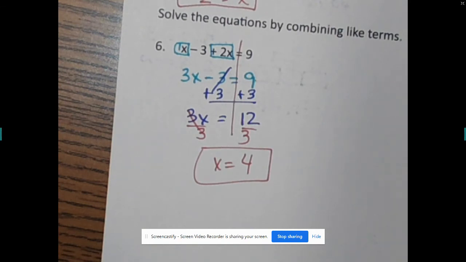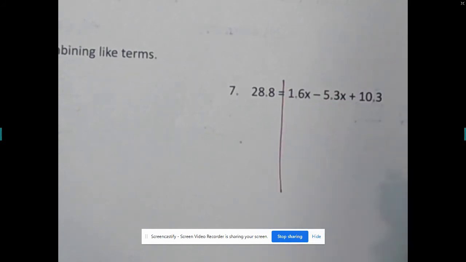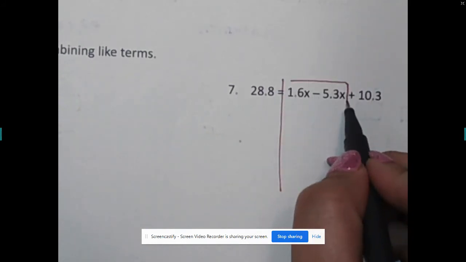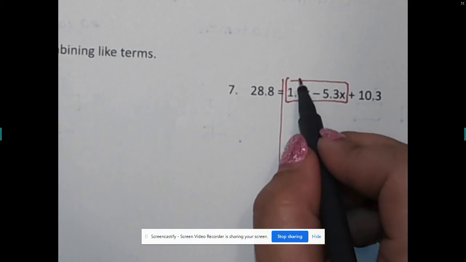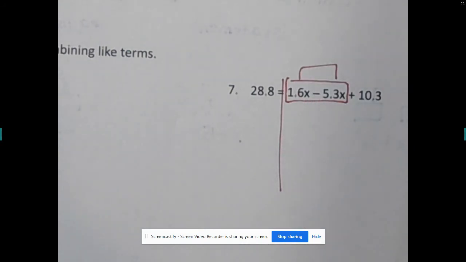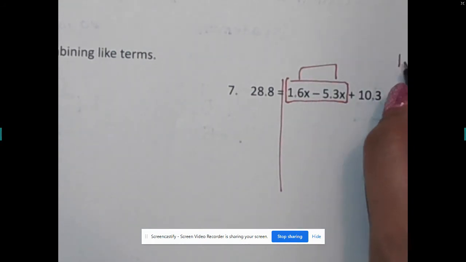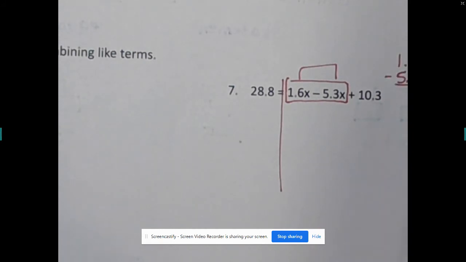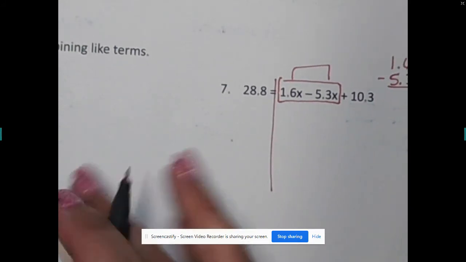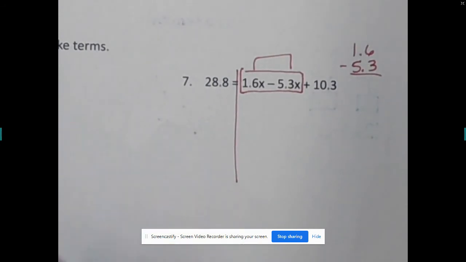Number 7. Is there anything to combine? 1.6x and 5.3x. So in your calculator, 1.6 minus 5.3.